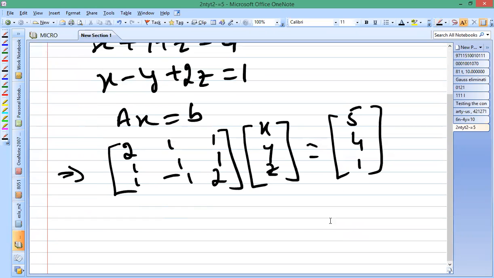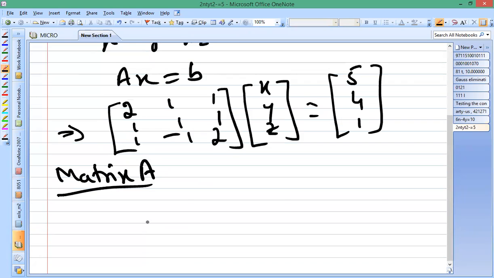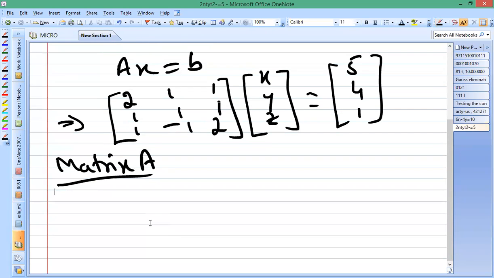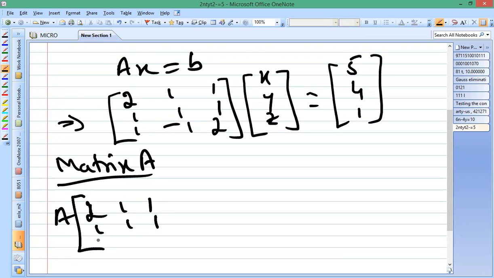Now let us consider matrix A only, and we'll find the rank of the given matrix. So A is 2, 1, 1, 1, 1, 1, 1, minus 1, 2.